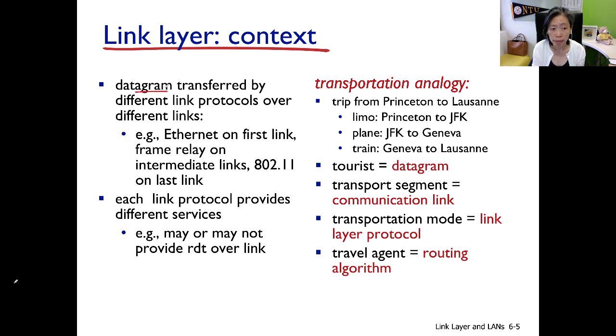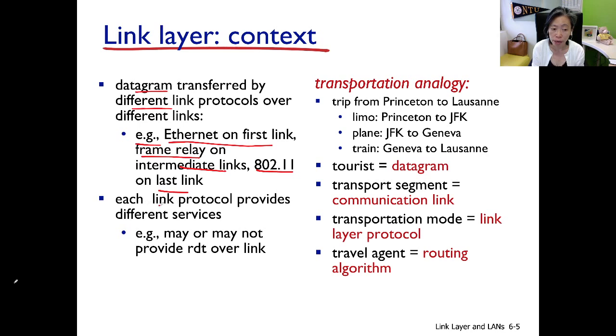When a packet, a datagram, travels through the internet from a source to a destination, it travels through multiple links. And each of these links could be running a different link protocol or link layer technology. For example, we could have a packet travel through Ethernet for the first link, frame relay for the second link, and Wi-Fi for the last link.